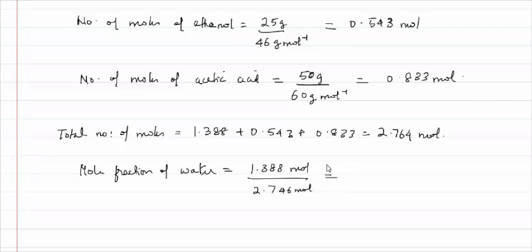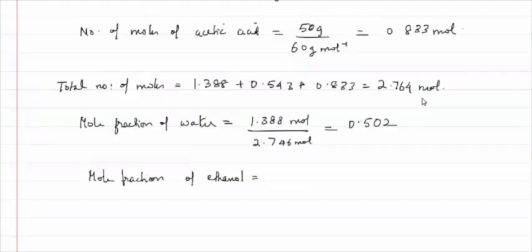So this is equal to 0.502. Mole fraction of ethanol is equal to number of moles of ethanol is 0.543 divided by total number of moles is 2.746 moles. This is equal to 0.196.